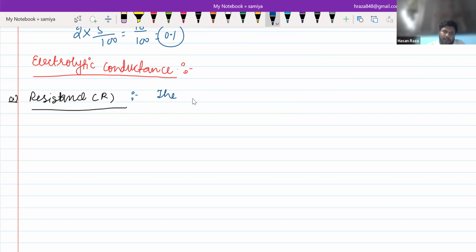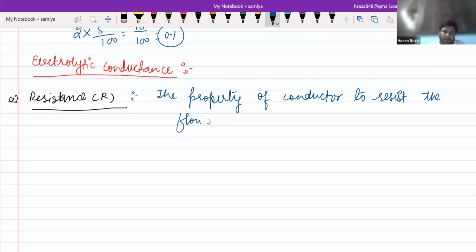So the property of a conductor to resist the flow of charge is called resistance. Can anyone tell me the unit of resistance?